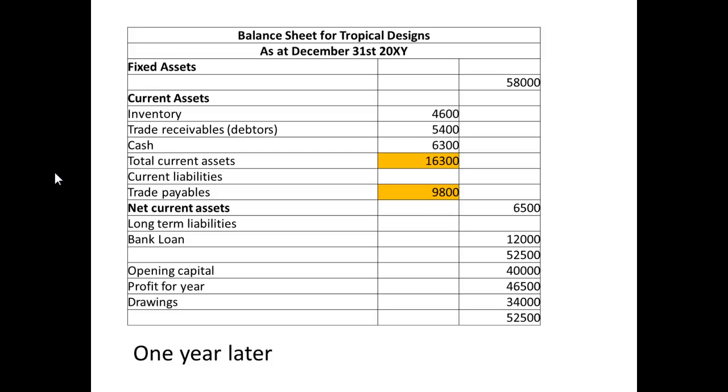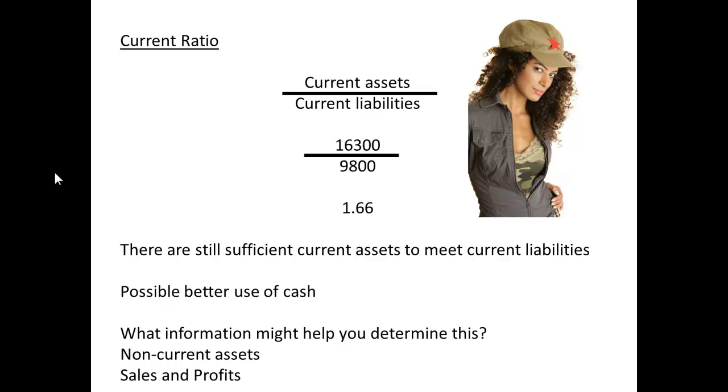Okay, now let's look at it 1 year later, where the total current assets are now 16,300 and the total of the liabilities 9,800. So we look at the current ratio again, current assets over current liabilities, 16,300 over 9,800, 1.66.